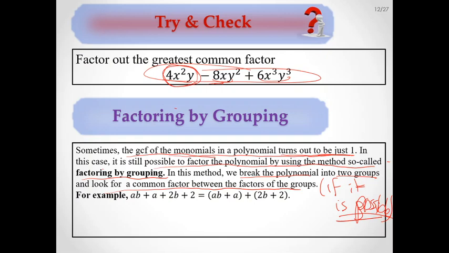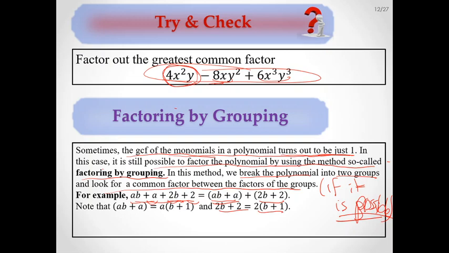Okay, look at here. This AB plus A and 2B plus 2. When you look at them, the greatest common factor is definitely 1 because there is no common term in all these four terms. And then we group them. When we group them, we see this group as a factoring like A times B plus 1. And the other group has the factoring 2 times B plus 1.